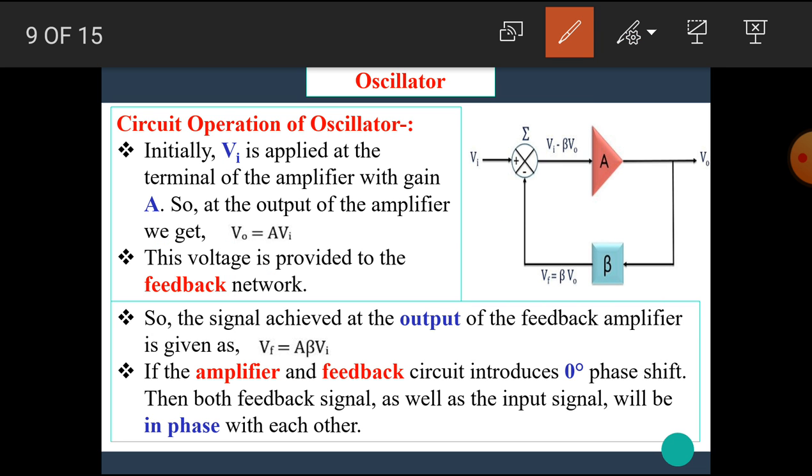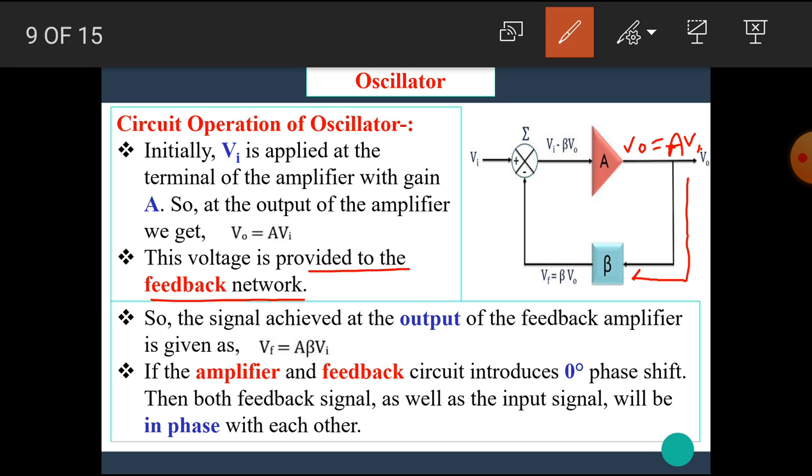This voltage is provided to the feedback network. That means the output voltage V0 equal to A Vi is given to the input of the feedback network.